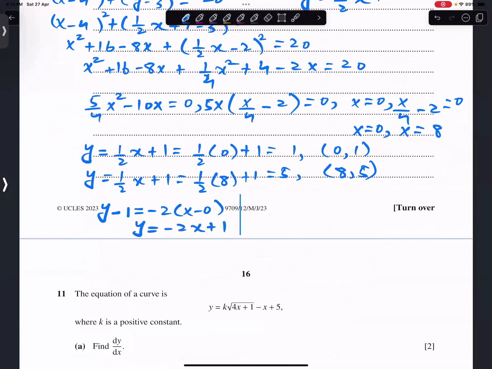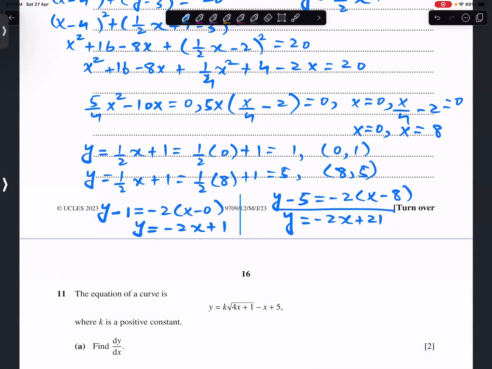This is the first equation of tangent. And the second equation of tangent is y minus 5 is equal to minus 2 into (x minus 8). So y is equal to minus 2x plus 16 plus 5, so that will be 21. So this will be my second equation of tangent.